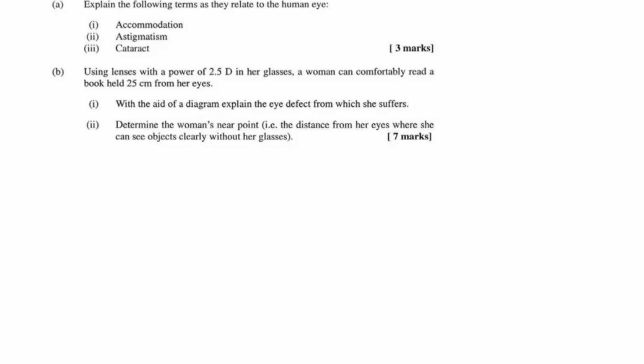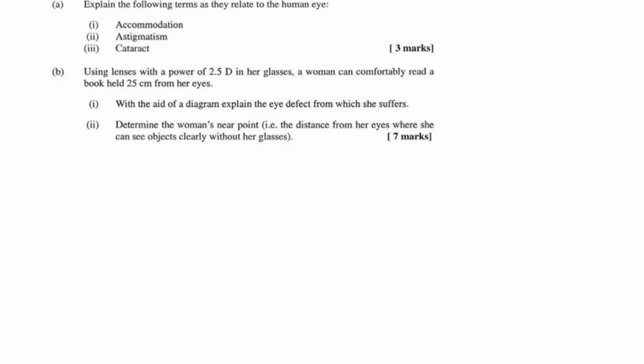So before that, she wasn't able to view things at 25 centimeters, which tells you that she cannot see near objects. So that would imply that she is farsighted. That means she can see things that are further apart, or we can say she's long-sighted.